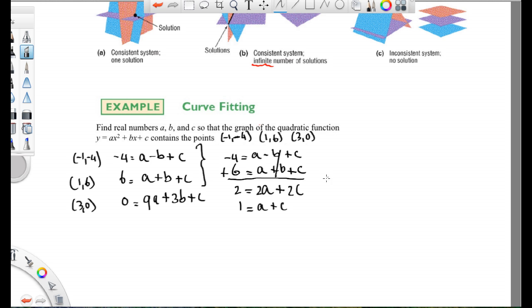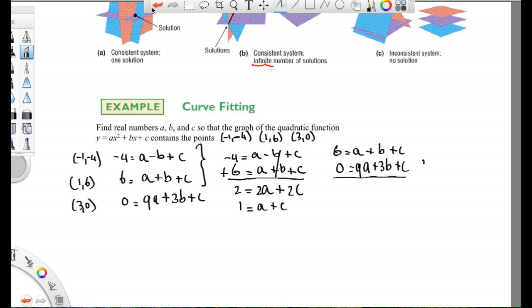I said a moment ago we're going to eliminate this variable twice. So I did this with the first two. So let's take the second two, and I'm going to write the 6 over here right away. So 6 plus a plus b plus c. And what if I take that one and do this now with it?